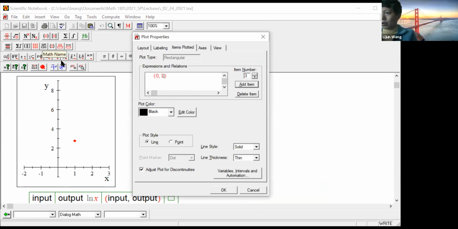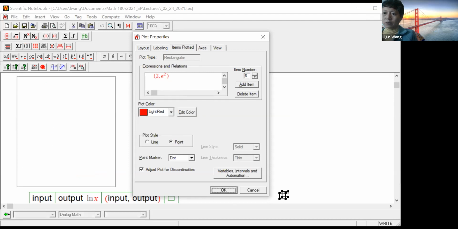So 0, 1, the red dot, and -2, 1 over e squared, e squared, and -1, 1 over e, and one more point, 2, e squared. That's all the points.